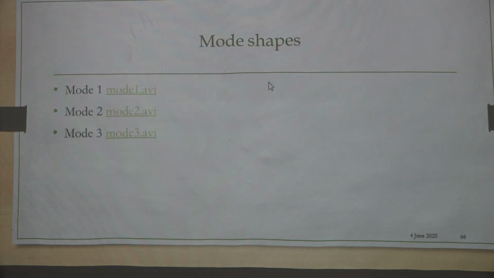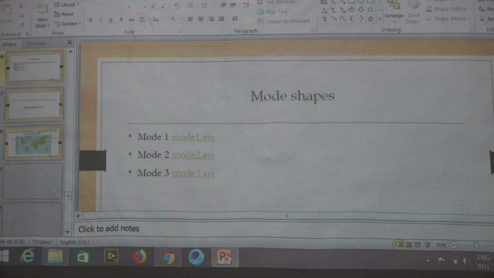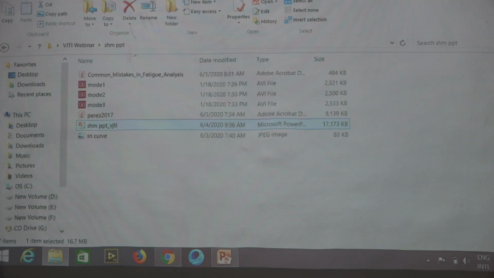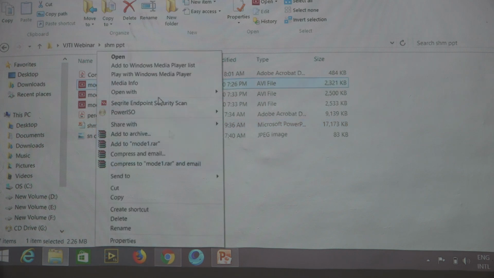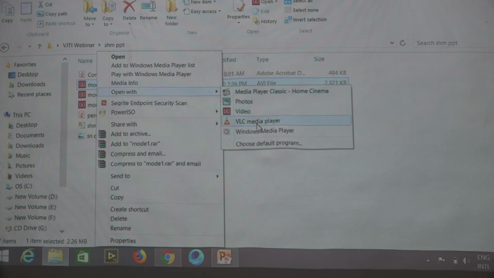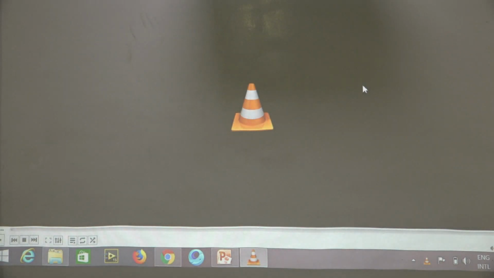So, these are the mode shapes. Now we can see the mode shapes, how the bridge is going to behave. Let us see in 1 minute how the bridge is going to behave. This is mode 1, the translatory mode, you can see the time period and everything there.